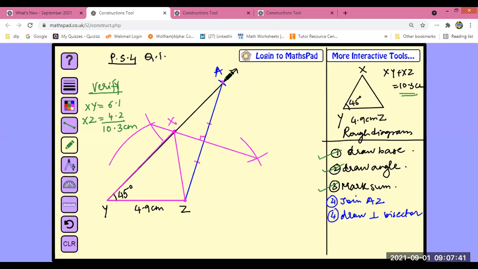Once you mark the sum, you need to join AZ and then draw a perpendicular bisector on AZ. Wherever the perpendicular meets this side AY, that point is the vertex. You can label it as X, and that completes the construction. Let us move on to the next question.